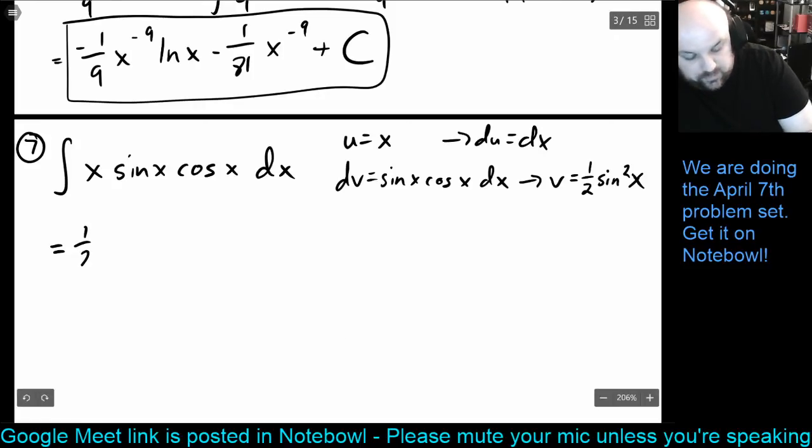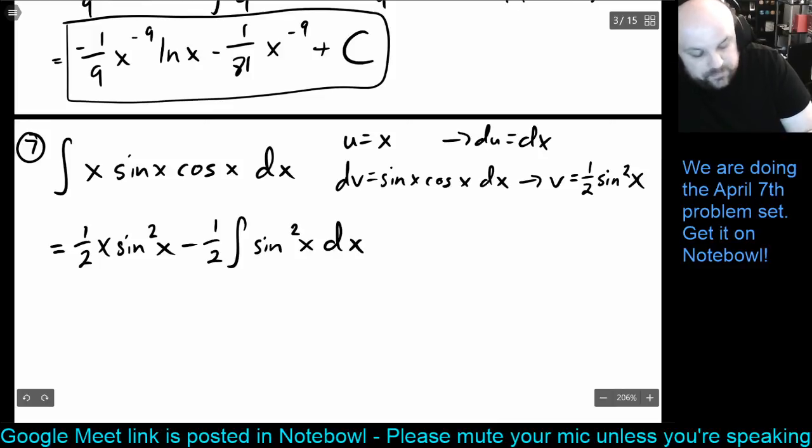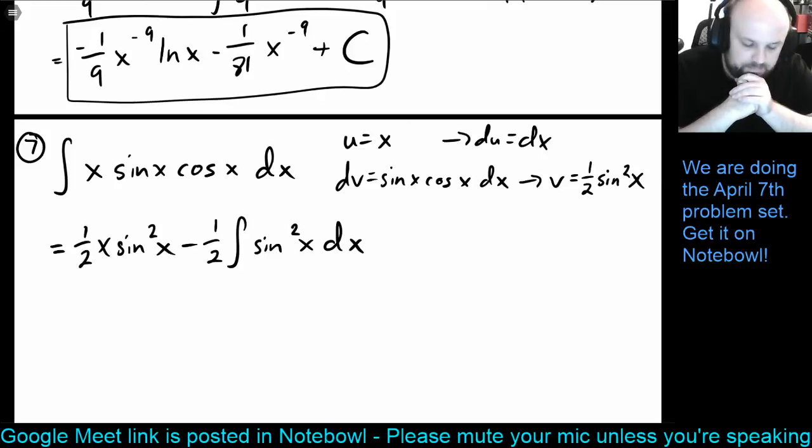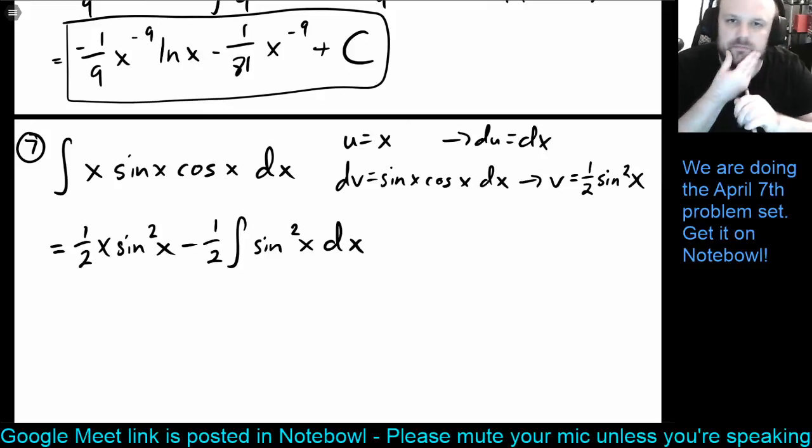So we got 1/2 x sine squared x minus the integral of v du. So minus 1/2 integral sine squared of x. All right. So now there's a bit of trickiness going on here. How do we integrate sine squared? How do we do that?